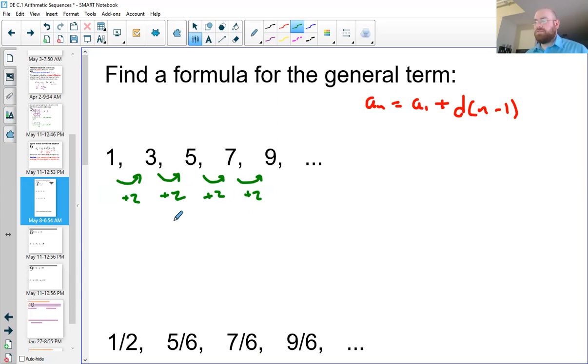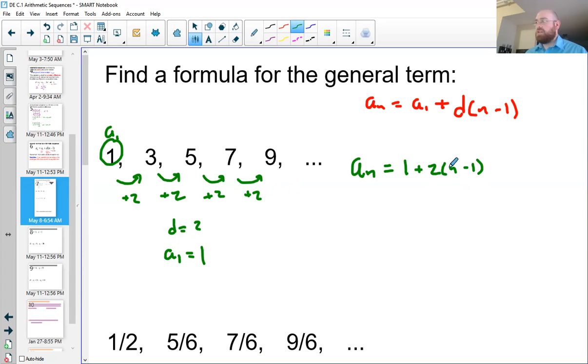So our common difference, d, is equal to 2, and our first term, a1, is equal to 1.